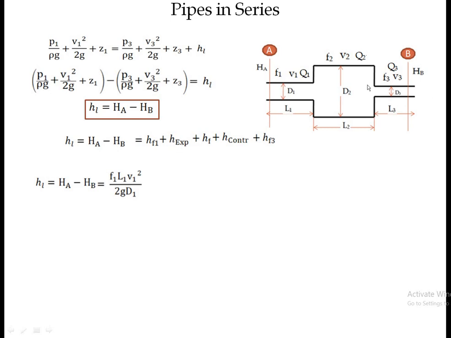Then the head loss due to the sudden expansion. The equation we have already seen, that is (V1 minus V2) whole square upon 2G, plus, again, the head loss due to the friction when fluid is flowing through pipe number 2, F2 L2 V2 square upon 2G D2, plus the head loss due to the sudden contraction, 0.5 V3 square upon 2G, plus again the head loss due to the friction when fluid is flowing through pipe number 3.